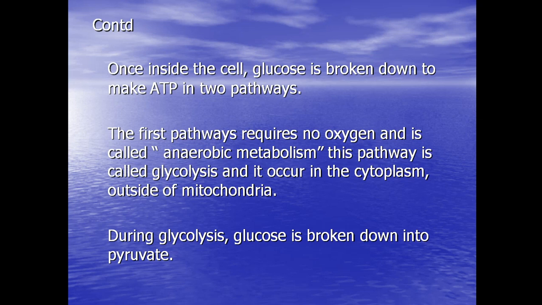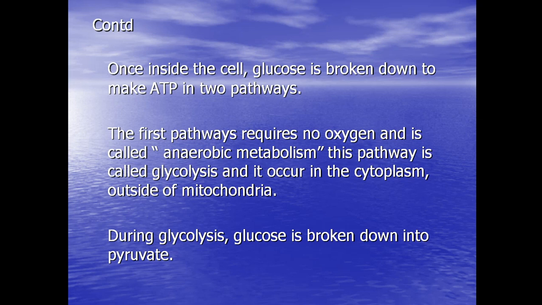This breaking of glucose can happen in two pathways or two methods. The first pathway doesn't require any oxygen, and that is called anaerobic metabolism.